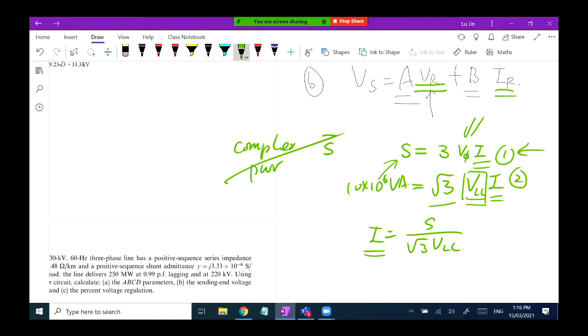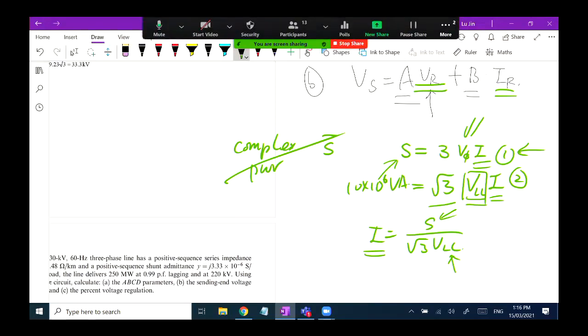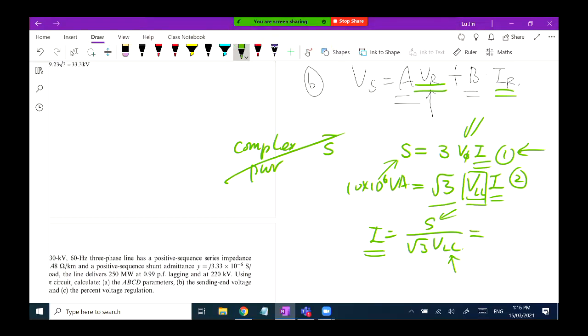This current I we derived from this step, is it a value of the current or a vector of current? Value, just a value, because apparent power doesn't have an angle. This VLL is a magnitude, also a value. The ratio of these two is just a value. In other words, it's the magnitude of this current vector.